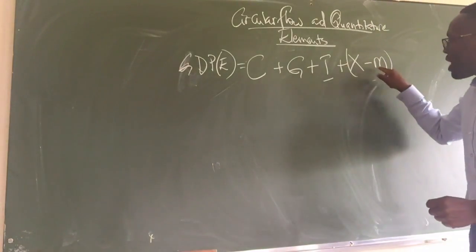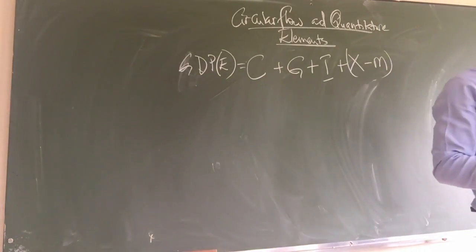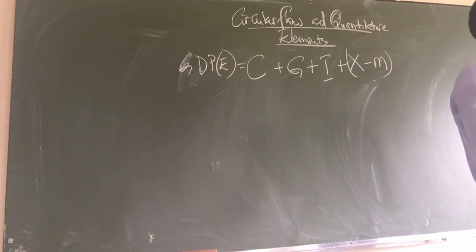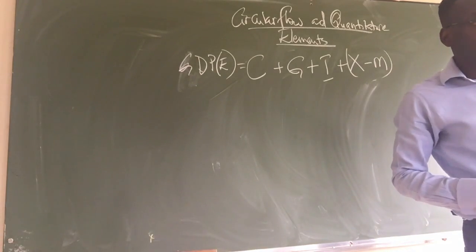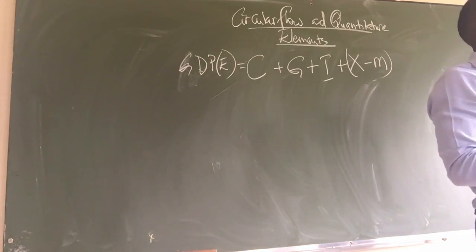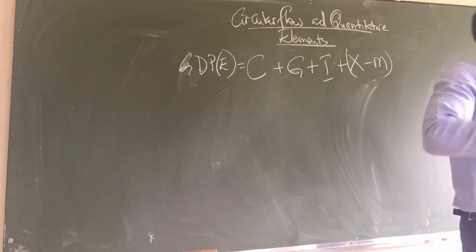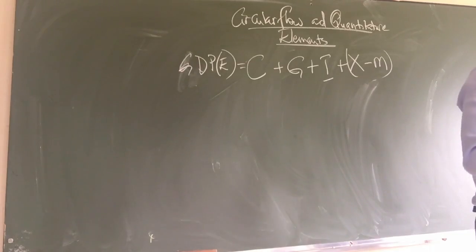So when we subtract the M, what we are saying is this expenditure was not on goods that had been manufactured in our country. Is that correct? That's why we are subtracting the M. Because it was expenditure on goods that were manufactured where?